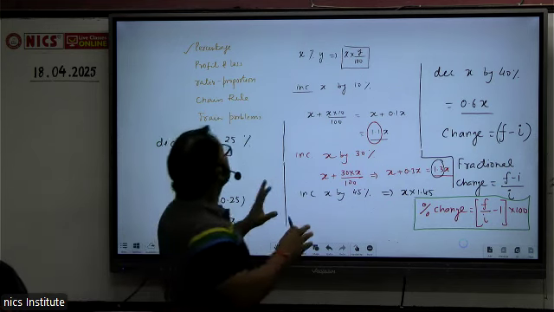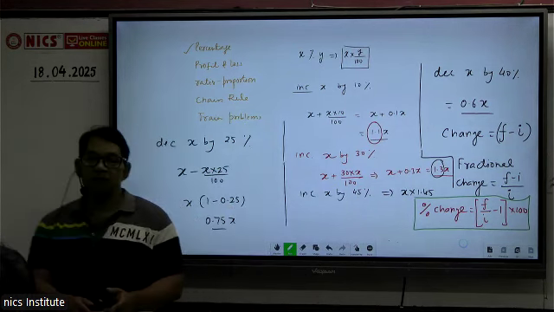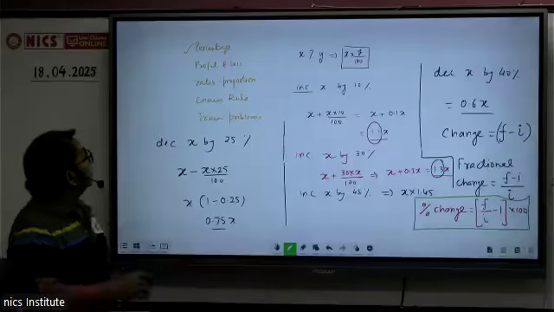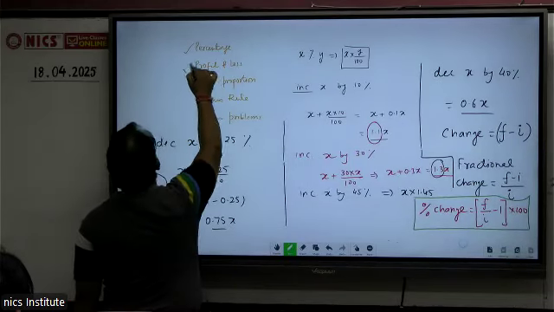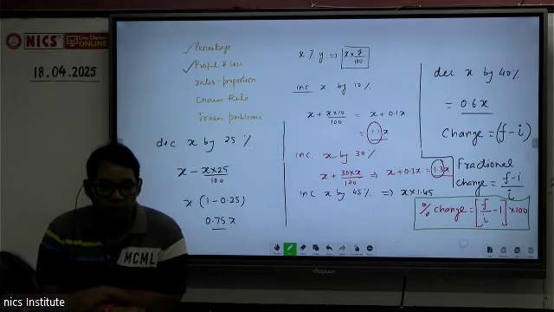So these are the basic concepts of percentage. We'll just start with some questions. And then it is also related to this only. Profit and loss, वो भी कर लेते हैं. First you write this.